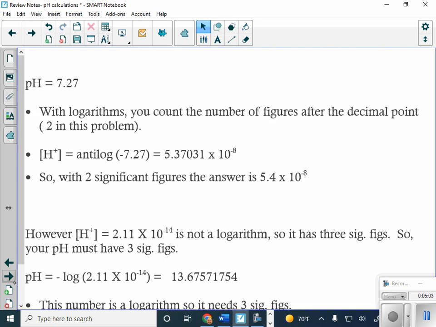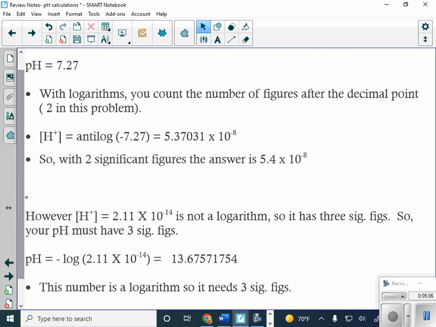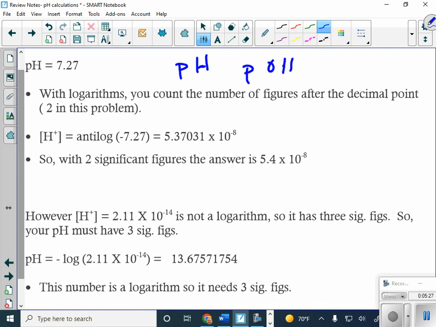Now, this is the very diagram that I had on the video notes from last night, because when we do sig figs with these logarithmic scales, it's different. What you have to remember is that pH and pOH are both logarithmic scales, so it's going to be different using the number of sig figs.